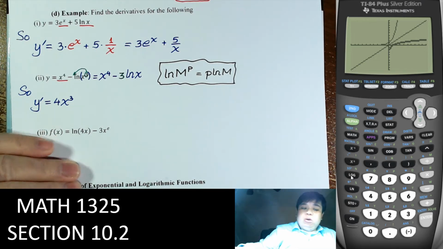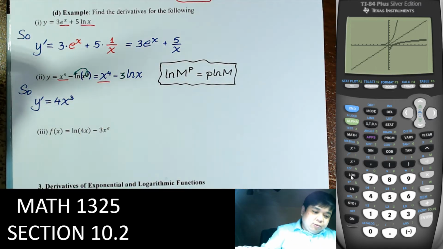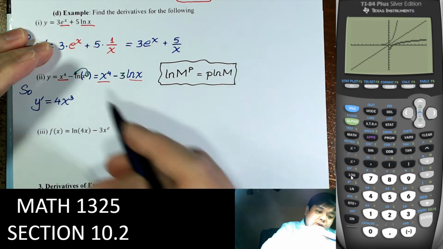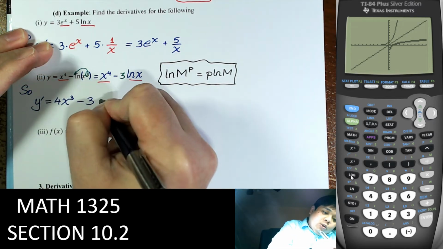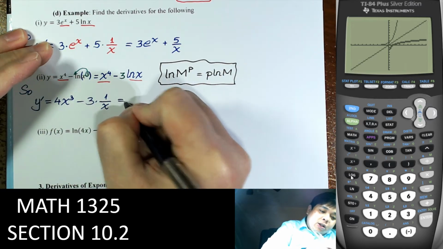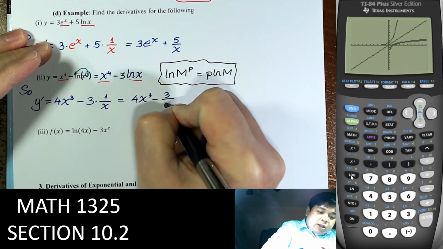Then we can apply the derivative. The derivative of x to the 4th is 4x cubed, and the derivative of ln of x is 1 over x. So this is just minus 3 times 1 over x. So 4x cubed minus 3 over x.